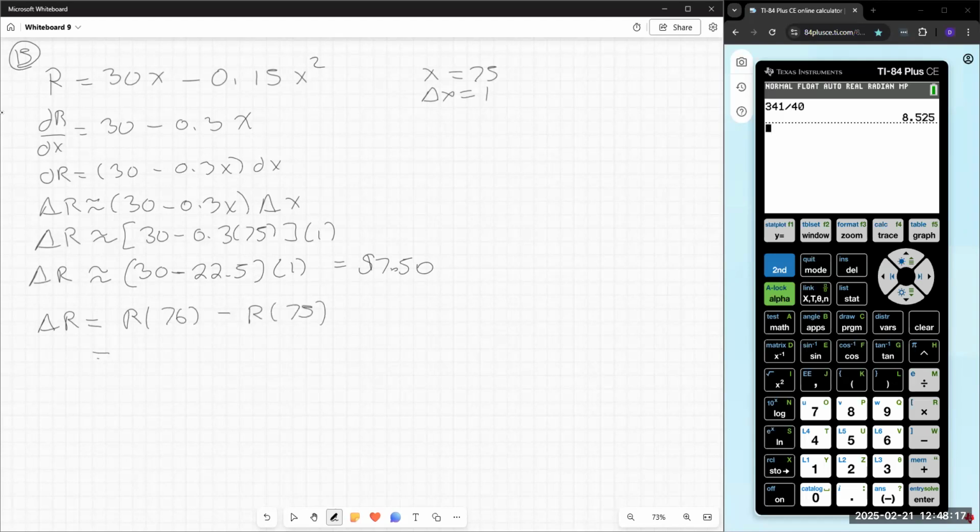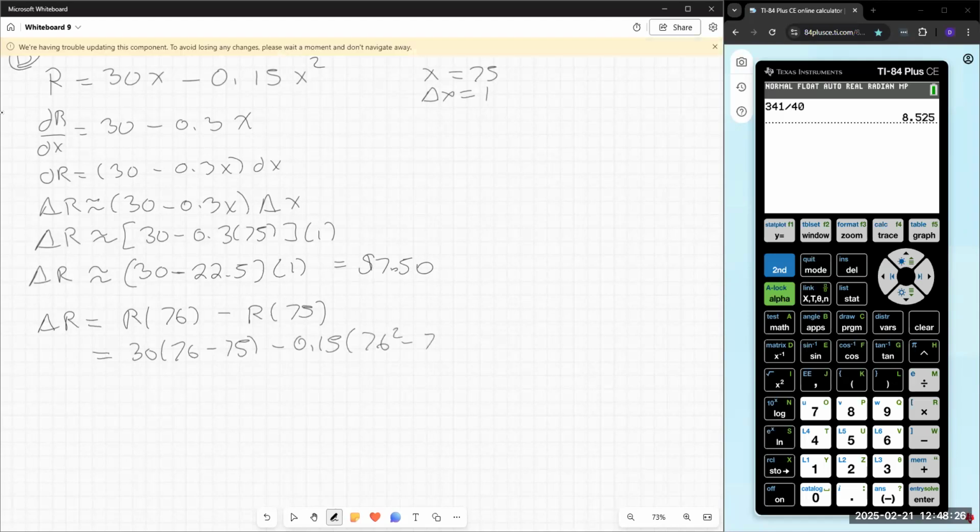75, which will be equal to 30 times (76 minus 75) minus 0.15 times (76 squared minus 75 squared).